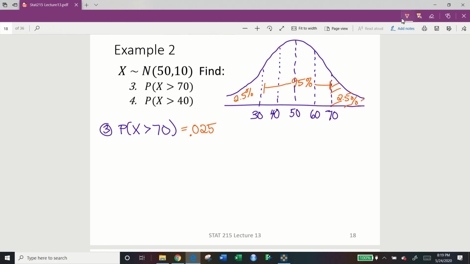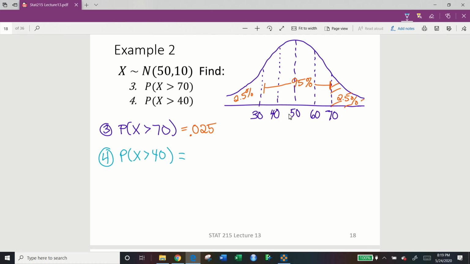Now let's go on to the fourth question. This time we want to find the probability of x being greater than 40. So based on our drawing, we've actually gotten ourselves pretty far ahead.